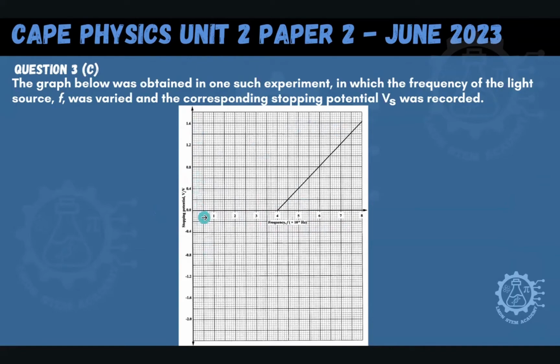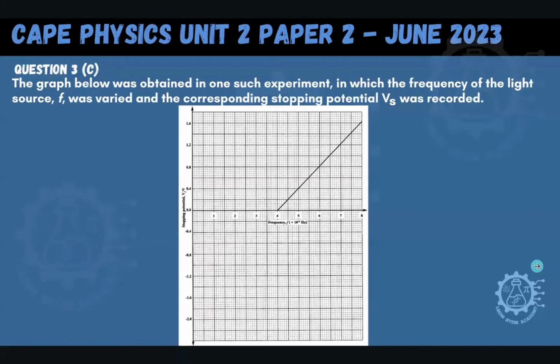Okay, so that's what we have here. We have this graph where we're flat up to this frequency here, and then we see that the stopping potential gradually goes up. All right. So remember, we always like to take into account what our units are, just so we don't get tripped up. So that's in volts, that's stopping potential, and the frequency is in times 10 to the 14 hertz. Those are good things to get our bearings on.